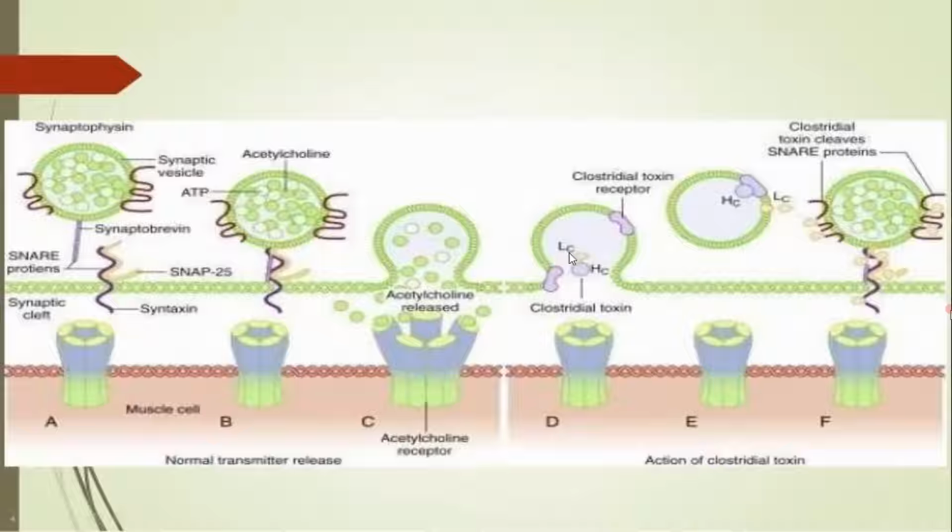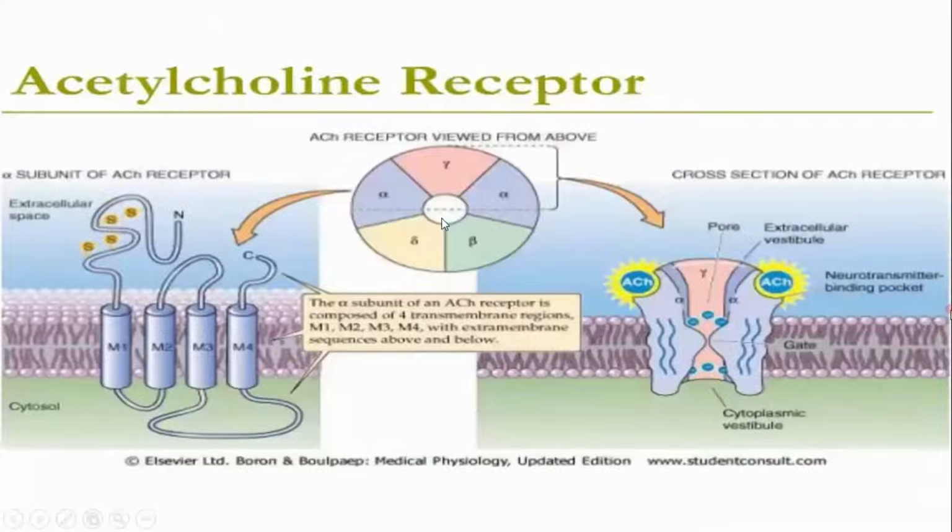These are nicotinic acetylcholine gated receptor channels. You can see here 2 alpha subunits, beta, gamma, and delta subunit. Now what happens? You can see acetylcholine binding with the alpha subunit. As a result, there is opening of the nicotinic acetylcholine gated receptor channel. You can see here the channel has opened.